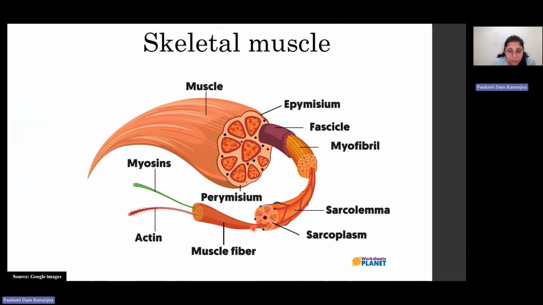Your muscle fiber, if you take it further, consists of actin and myosin, right? So basically all the actin and myosin are packed in a muscle fiber. Multiple muscle fibers are packed in a sarcolemma, sarcomere, and all the sarcomeres together make up a myofibril. Myofibrils together make up a fascicle. Fascicles make up your muscle, right?